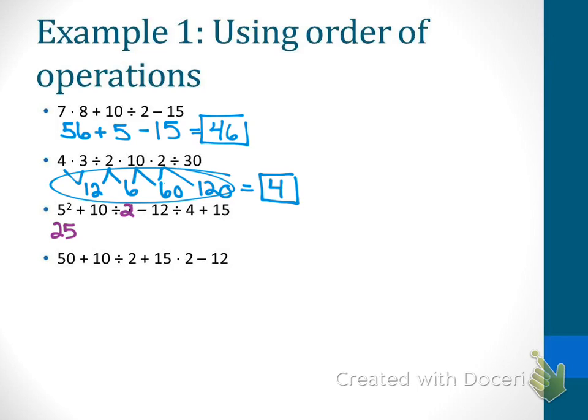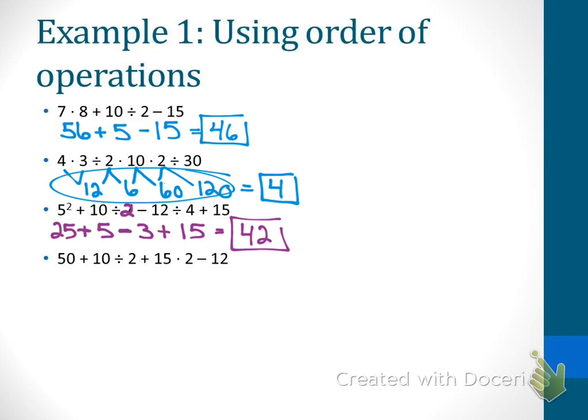Okay, so 25 plus, leave my plus. What's 10 divided by 2? 5. 10 divided by 2 is 5. Minus, so leave my minus in there. What's 12 divided by 4? 3 plus 15. All right, so 25 plus 5 is 30, minus 3 is 27, plus 15 is 42, and that's my answer.